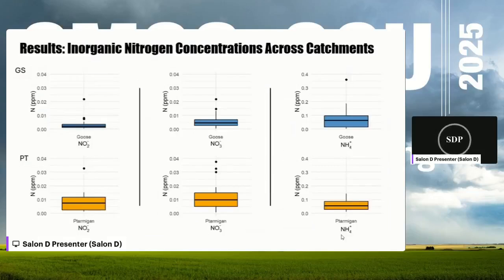Nitrite, on the left, concentrations were also elevated, possibly indicating higher rates of nitrification in the catchment. And then ammonium, on the right, concentrations were lower in Ptarmigan than in Goose, likely from less organic matter in the catchment, especially in the scar zone of the active layer detachment. This suggests, just quickly, that even 17 years post-disturbance, some effects of disturbance still remain in Ptarmigan.